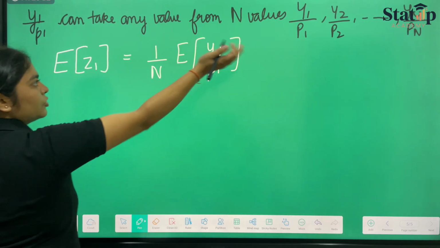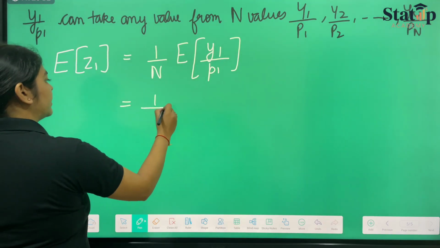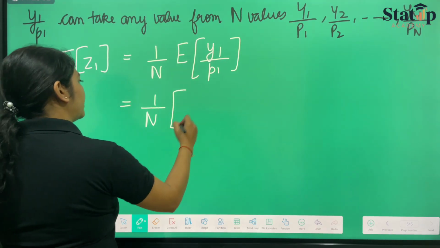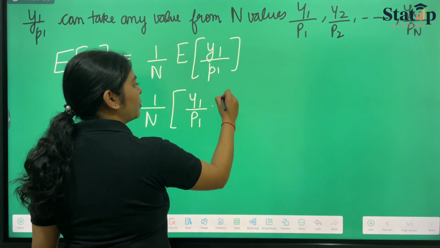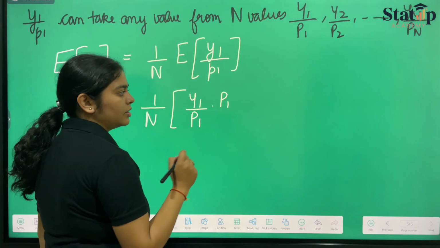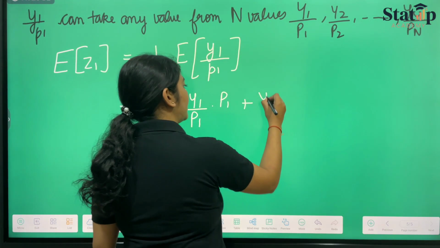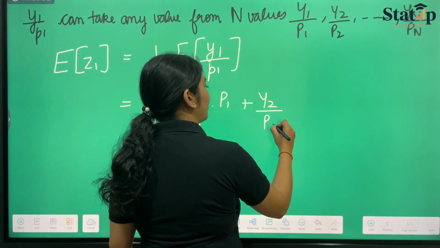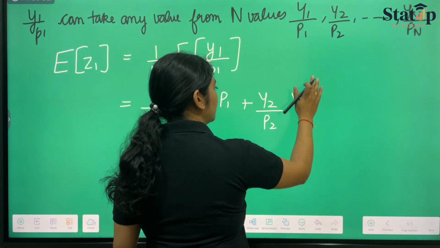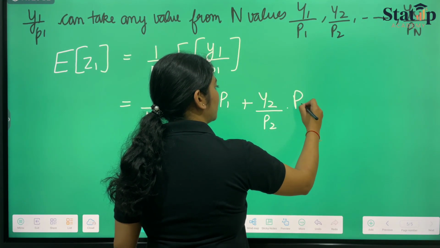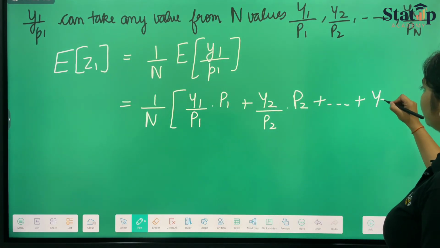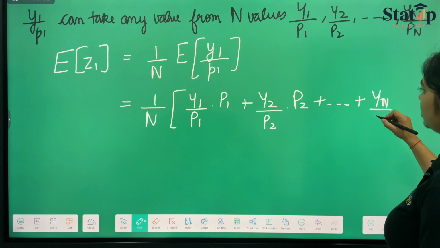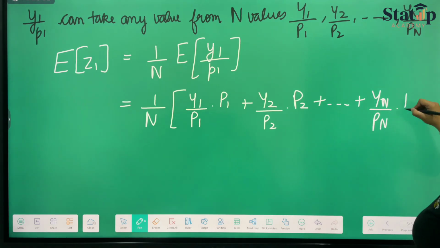This can take values from that, so we can write it as 1 upon n times: the first value y1 upon p1 into probability of selection p1, plus the second value y2 upon p2 into probability of selection p2, up to the nth one, yn upon pn into probability of selection pn.